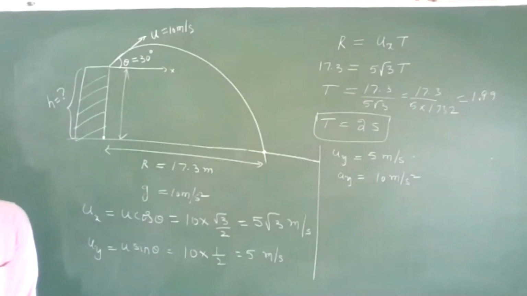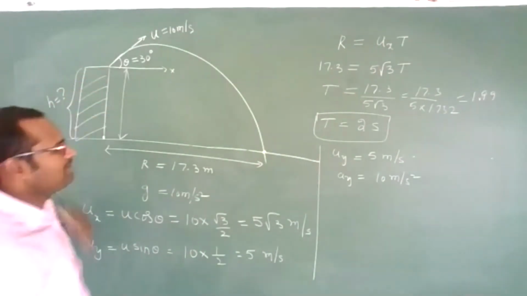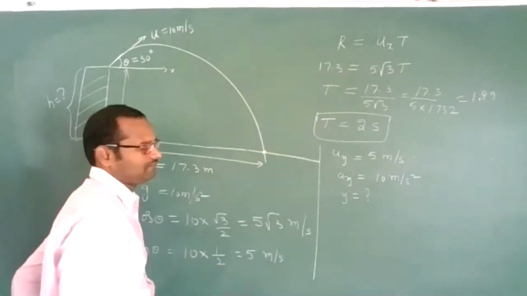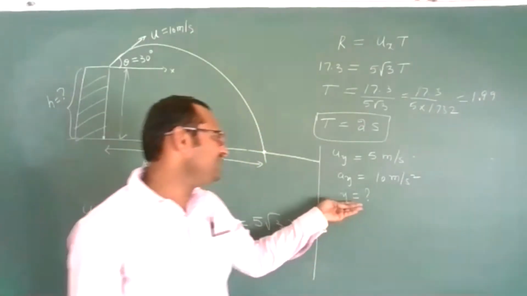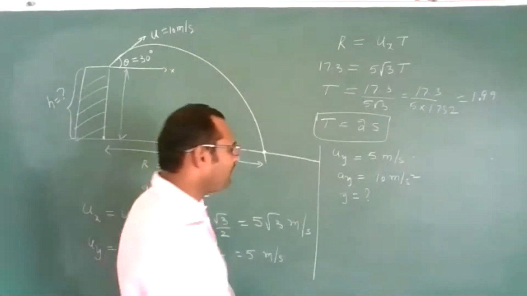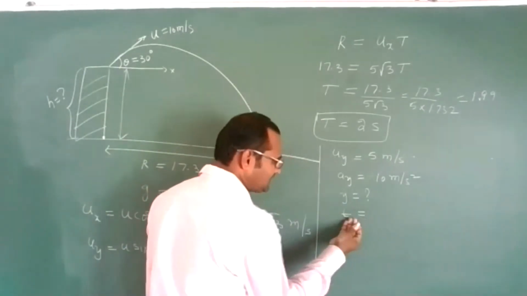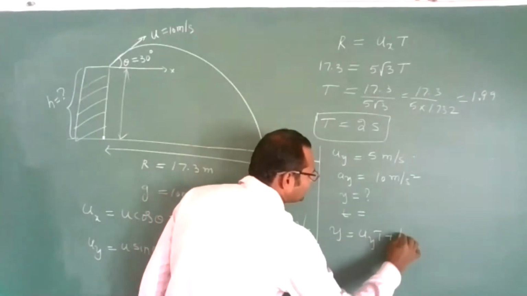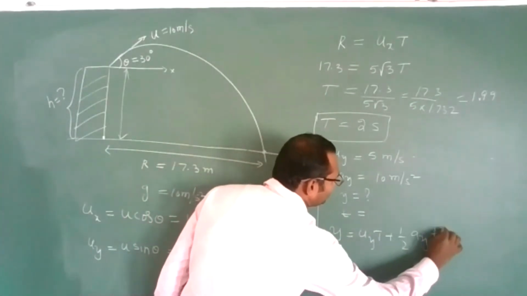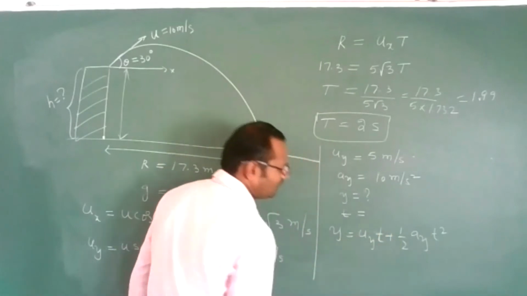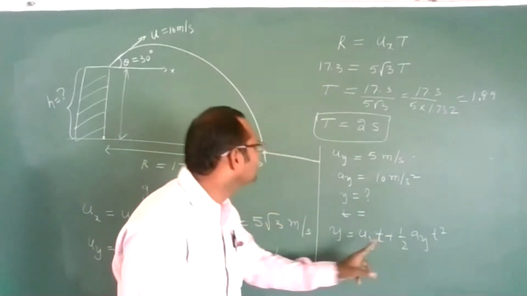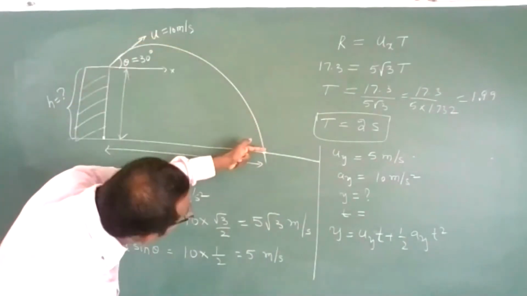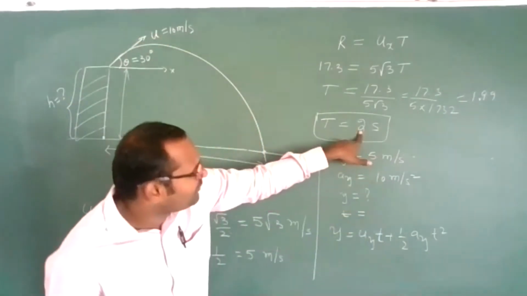We need to find the vertical displacement, and for finding this vertical displacement we need time also. Here the formula: y is equal to ut plus half a t square. This t is the time it takes to get this displacement vertically. That we have already found.